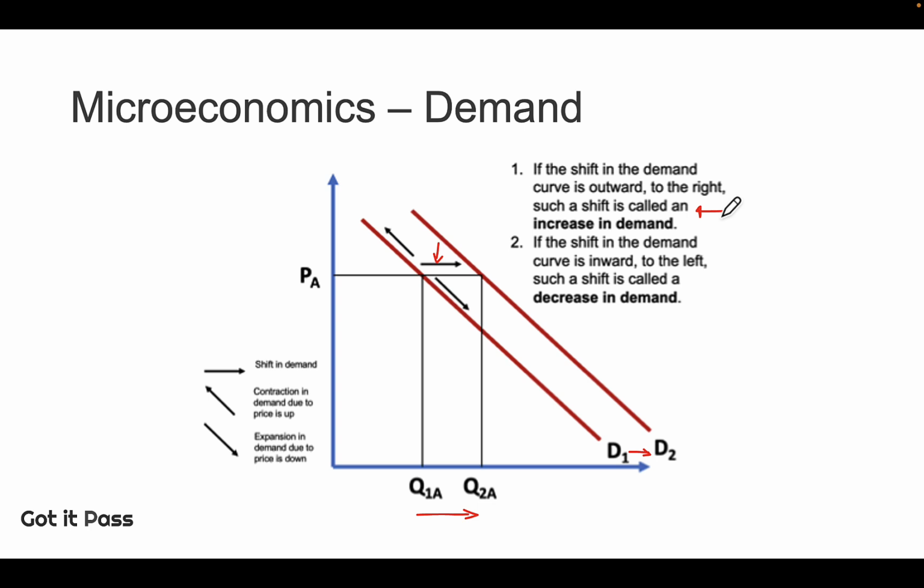On the opposite, if the shift in the demand curve is inward or to the left, such a shift is called a decrease in demand. For example, say the income level decreased for the population in a city or in the country, then the demand curve shifts inward to the left from D2 to D1. Given the price level is the same as before, PA, the quantity demanded will decrease from Q2A to Q1A.